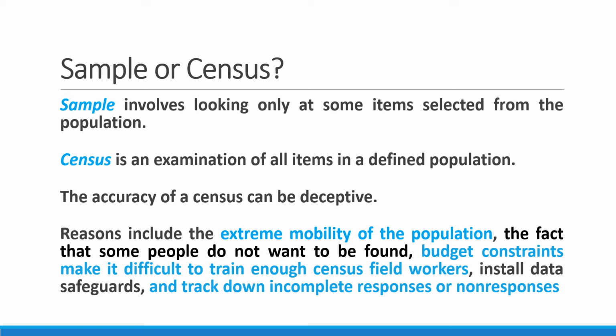Also, the other reason why census may be deceptive or have unreliable results is that some people don't want to be found. For example, if they are illegal residents or if they have committed an illegal action.